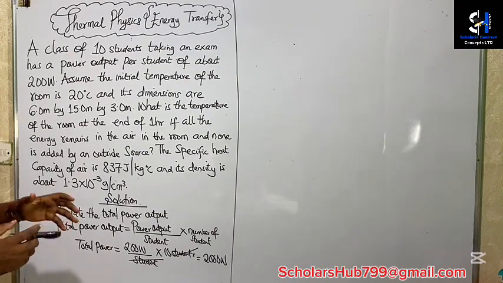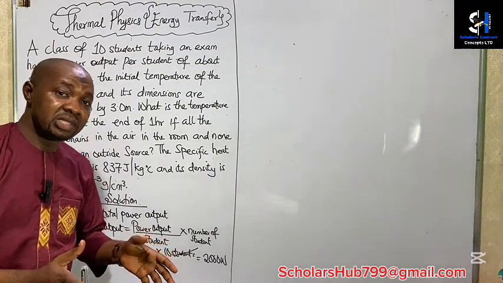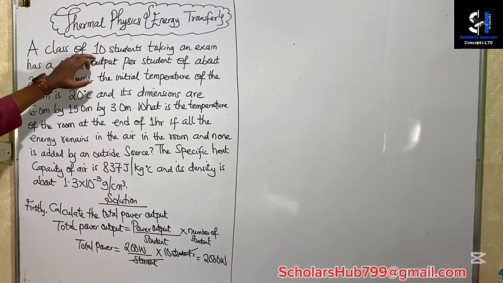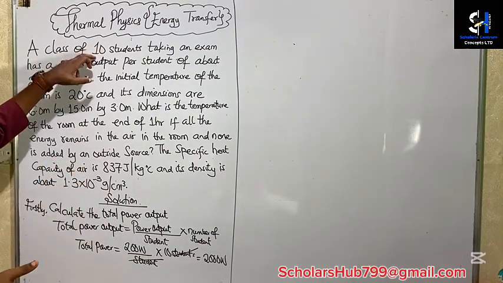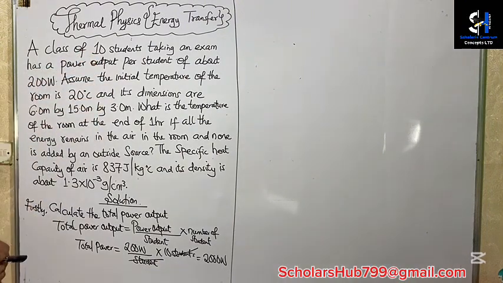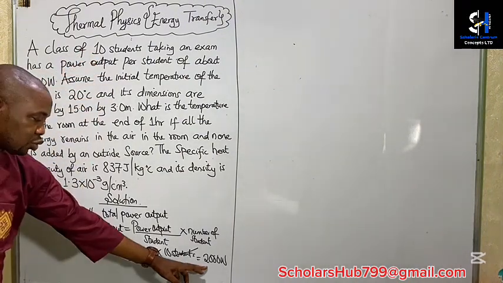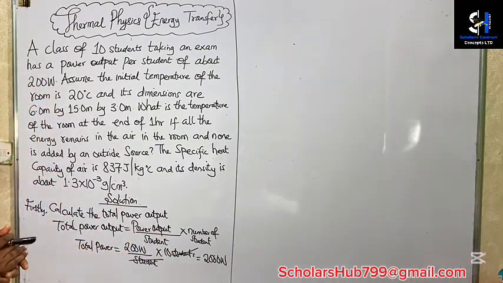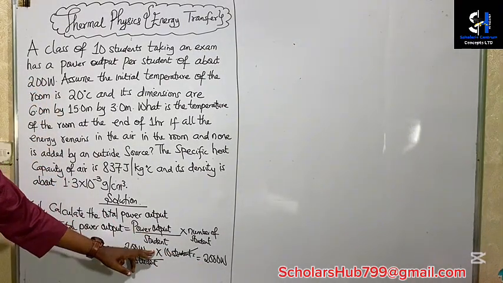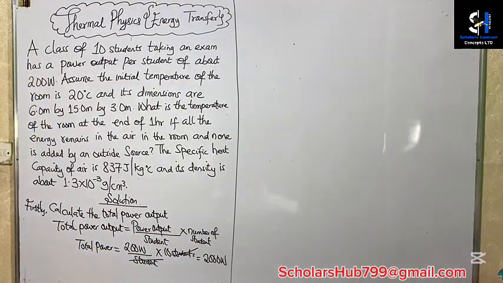Now, also we need to calculate the energy in the room, because we know the number of students in the class is 10, and we have the total power to be 2000 watts, after which we used the power output per student multiplied by the number of students.